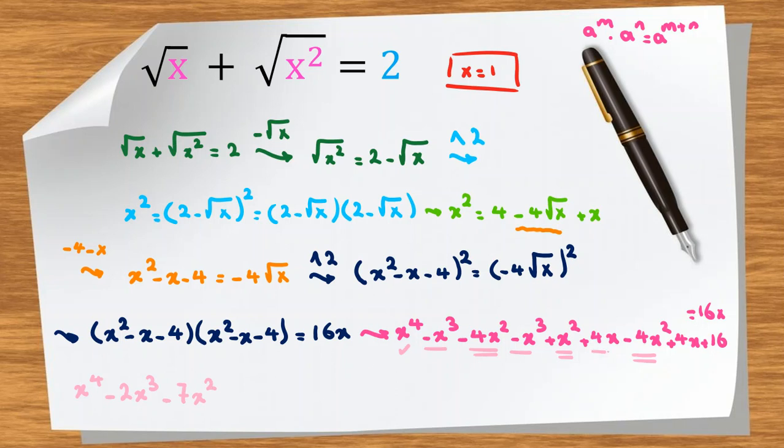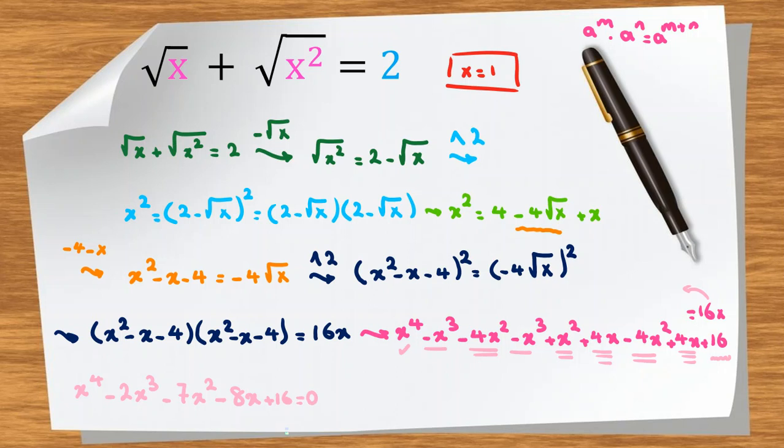And let's focus on x. 4x plus 4x, 8x. If we take 16x to the left hand side, negative 16x, it will be negative 8x. And the last part here is 16. Plus 16 equal to 0. So let me write.